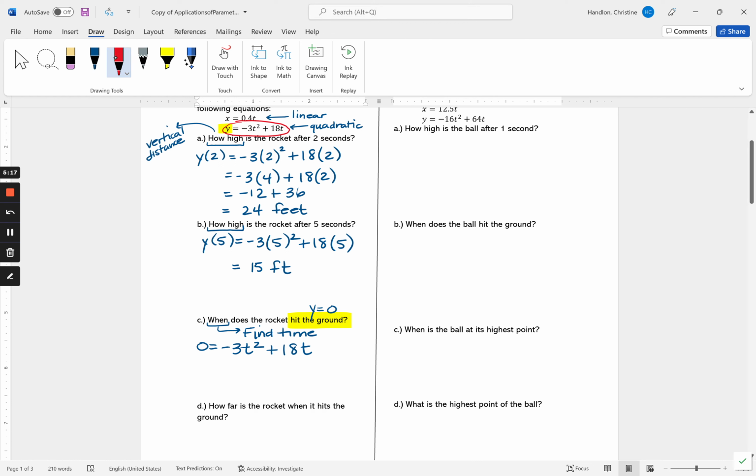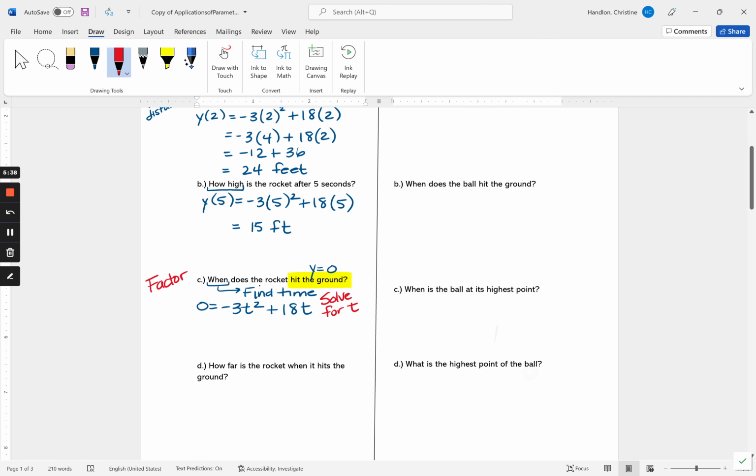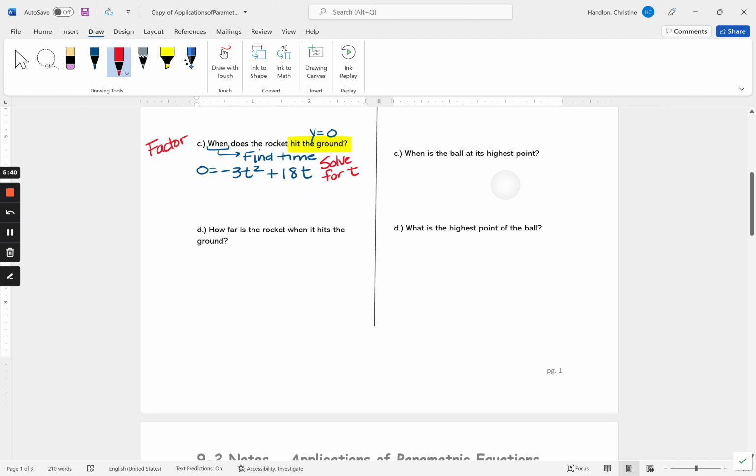So in order to solve for t in this particular equation, we need to notice that this equation is actually a quadratic equation, okay, as established earlier today. To solve quadratic equations, we use factoring to be able to solve for our specific values, in this case, our t.